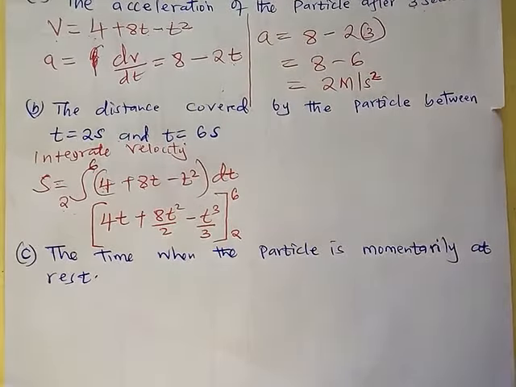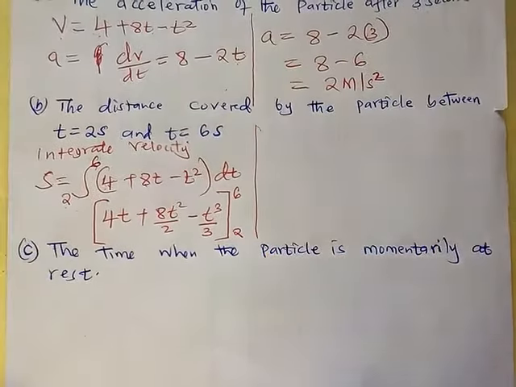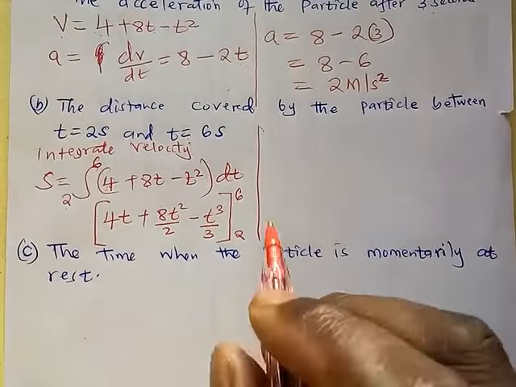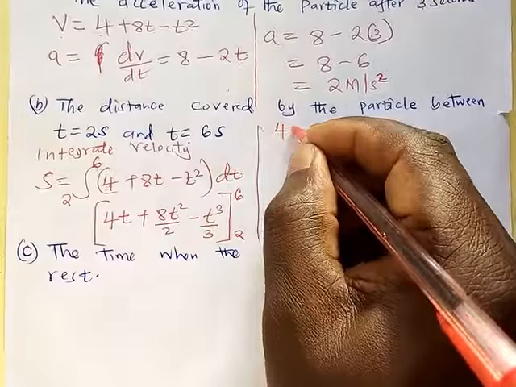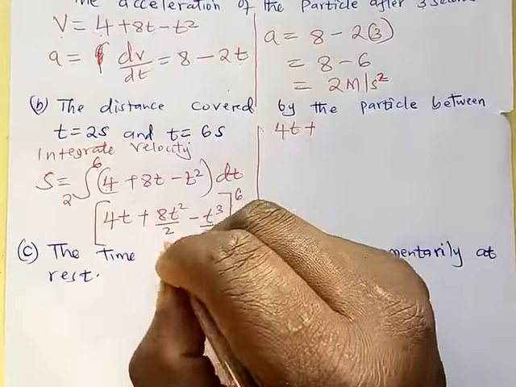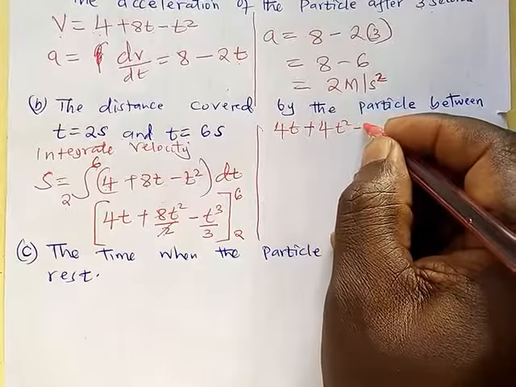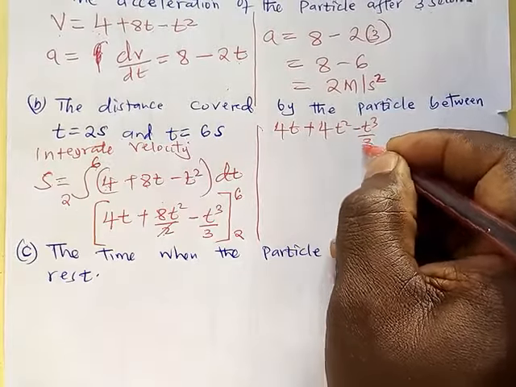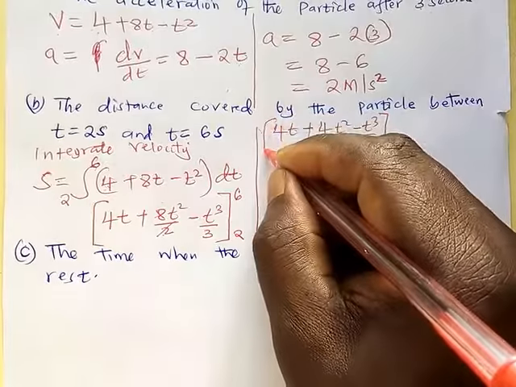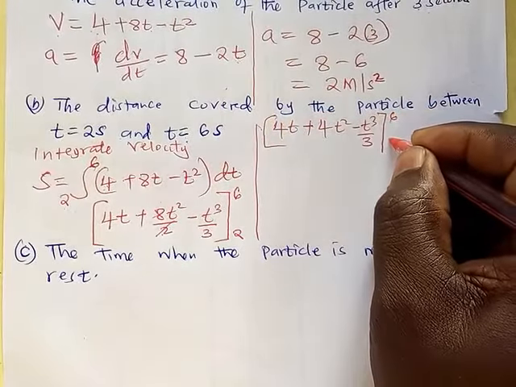So this one is the same as 4t plus 4t square minus t cube divided by 3. I've simplified, limit 6, 2.